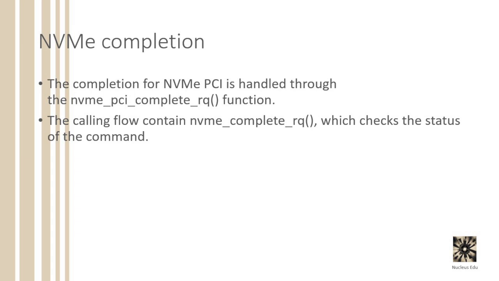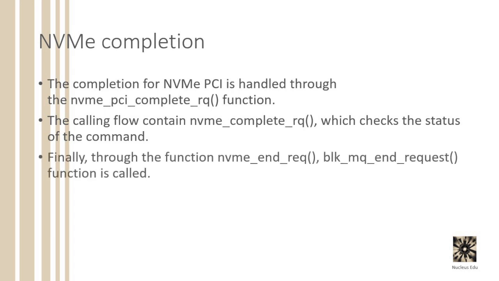NVMe complete RQ then checks the status of the command, and if the command has passed, if the IO was successful, it calls NVMe end request. The NVMe end request function then calls block MQ end request, which moves the control back to the block MQ layer.